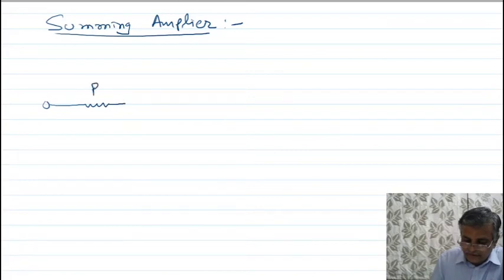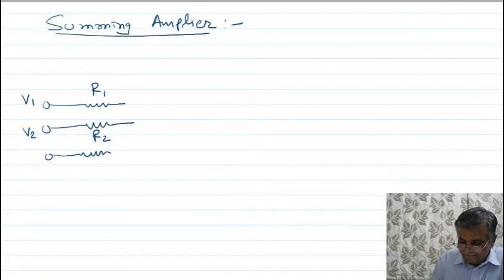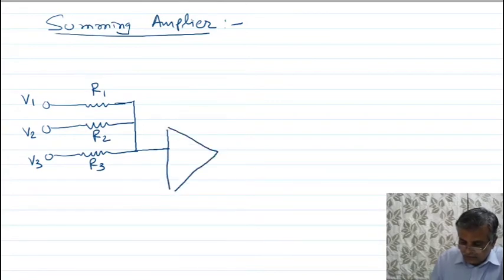Say I am giving the input V1 here, this is your V2, this is your V3, and I am connecting them to the inverting terminal of the op-amp.